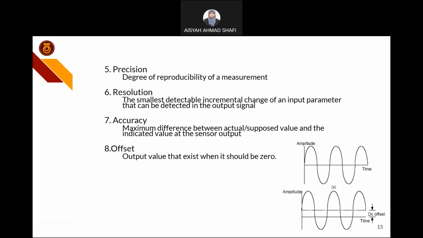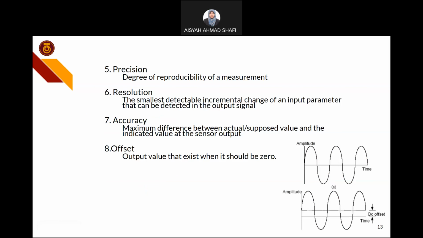It means the smallest incremental change in the input. And accuracy is the maximum difference between the actual or supposed value and the indicated value at the sensor output.